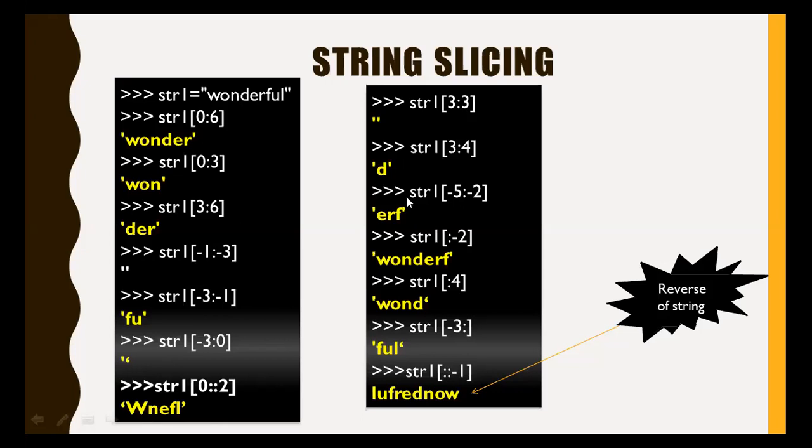ERF, three characters will be printed, and in this colon -2 means the last two characters will be removed, till F it will be printed. Now this is str1 colon 4 means total 4, so the beginning 4 characters will be printed. Now str1 -3 colon means the last 3 will be printed.